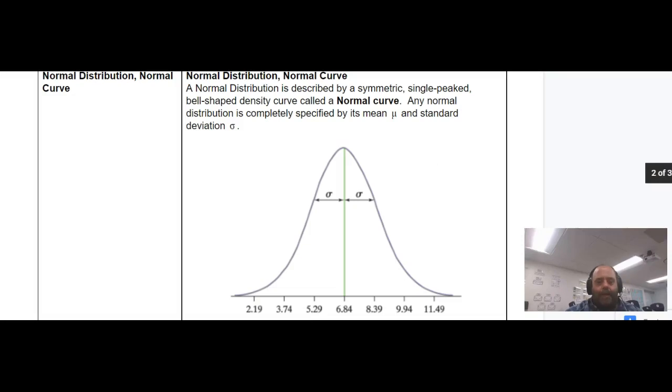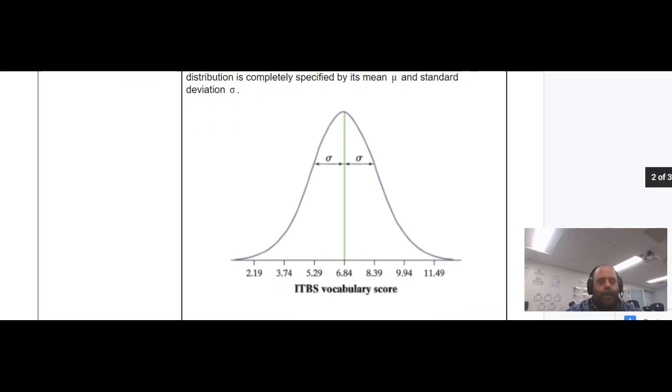This is an example of a normal curve. It's some sort of vocabulary curve where the mean is at 6.84, and the standard deviation is each of these lines going out. So to get from 5.29 to 6.84 is one standard deviation.